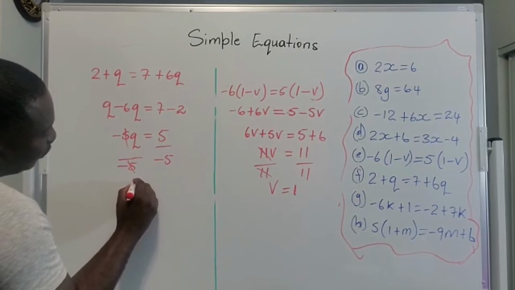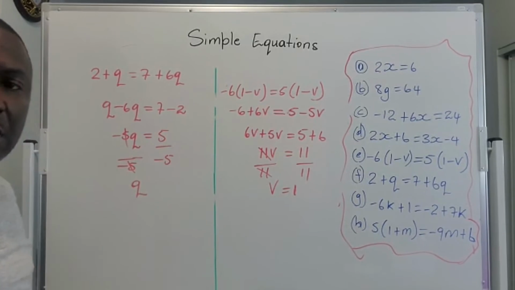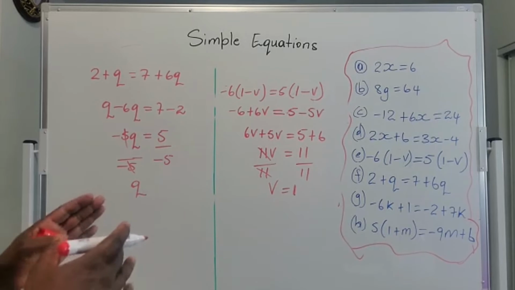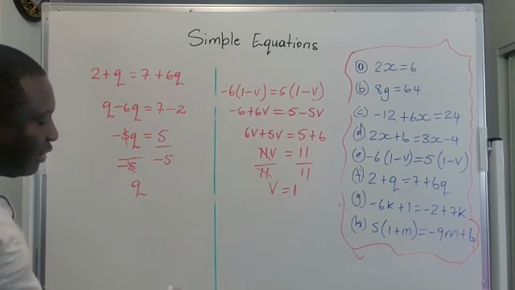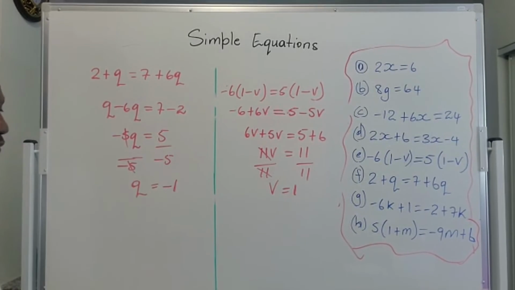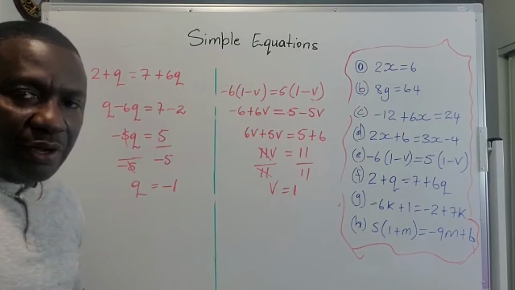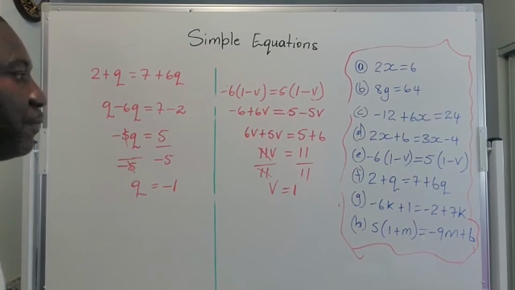We are left with q. Positive 5 divided by negative 5 will give us a negative 1. So guys, our outcome there is q equals negative 1 for the 6th problem.